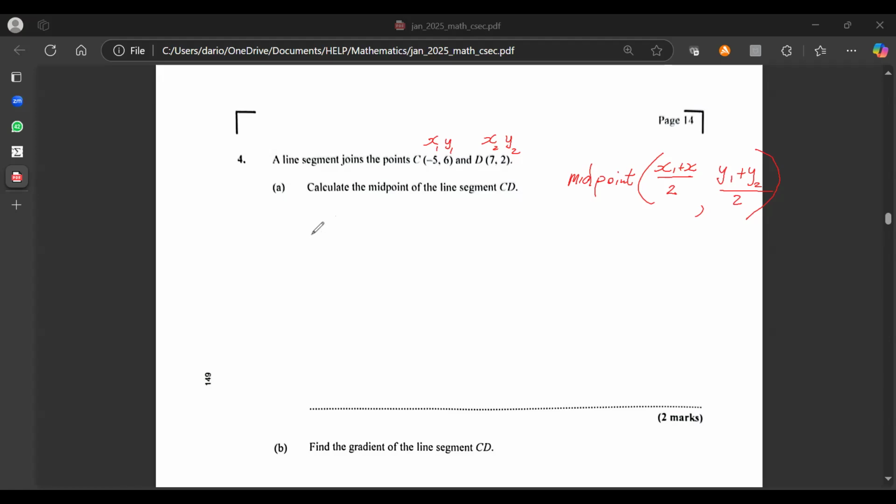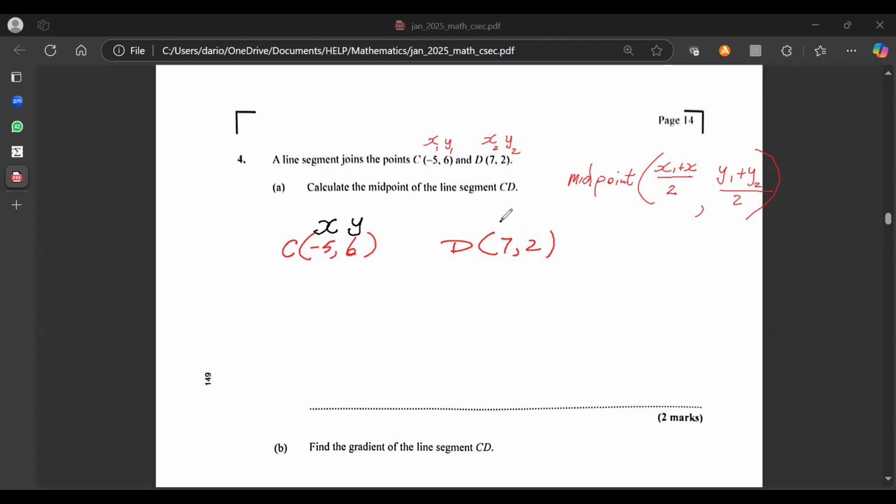So Jenny, we have 2 points on a line. Point C, which is minus 5, 6, and point D, which is 7, 2. Now, this is called a coordinate, Jenny, where the first value is an X coordinate, like on a graph, and the other one is a Y coordinate.